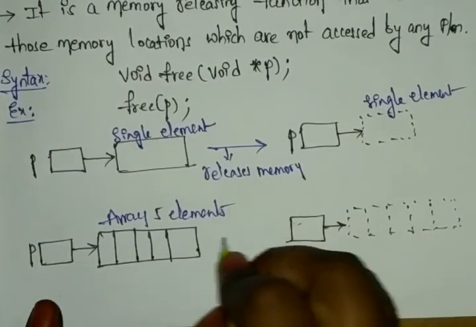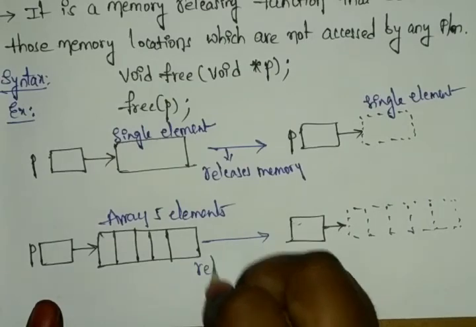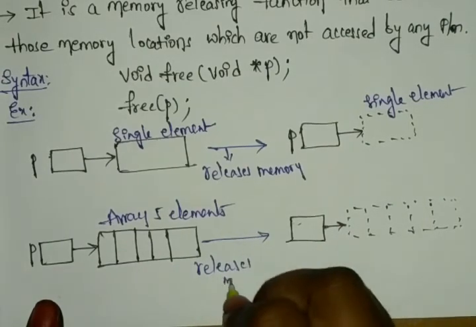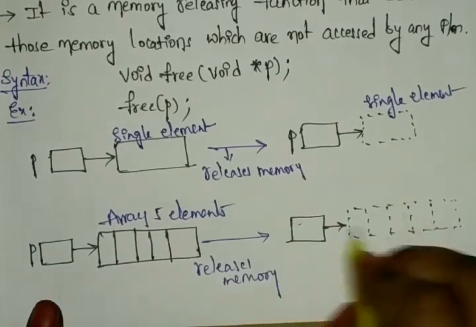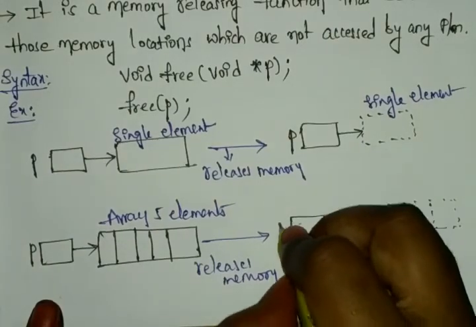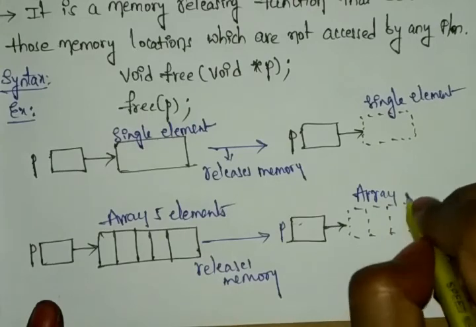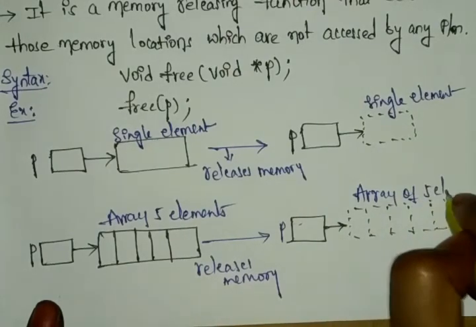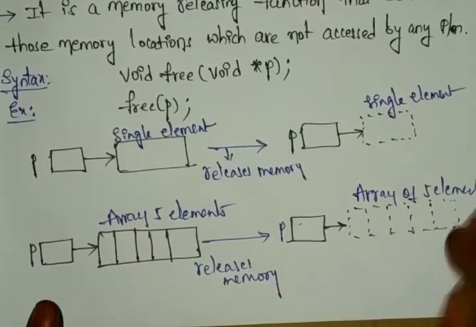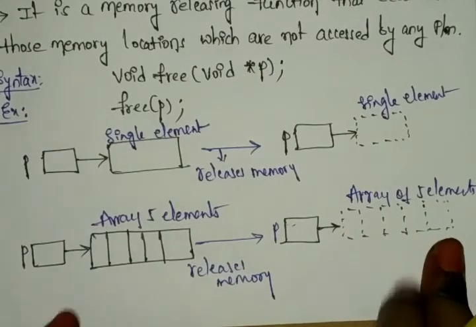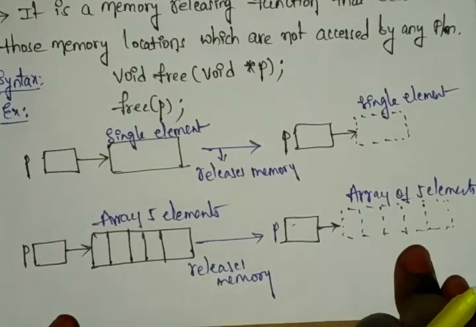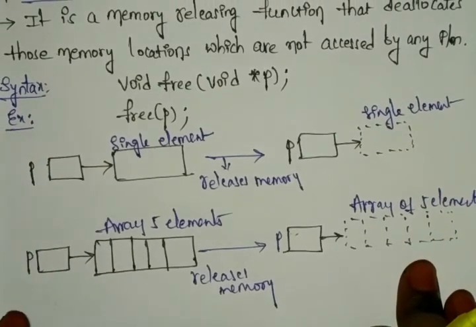And these 5 elements, once we release this memory, it will be the empty pointer. So this is also a p, and this also is an array of 5 elements only. Elements, or else here you can write integers. But here these will not be accessed by our program. So like this here we can perform our dynamic allocation functions.